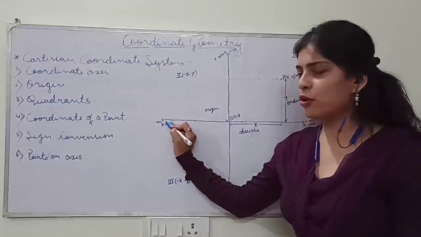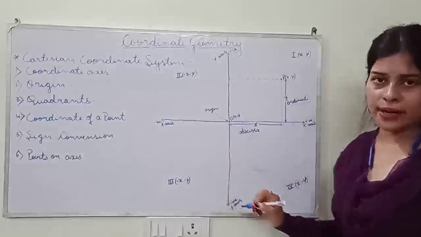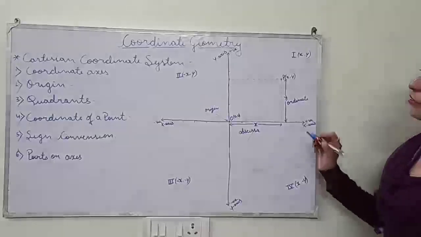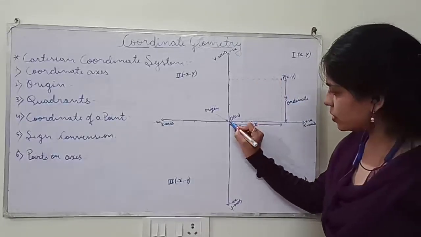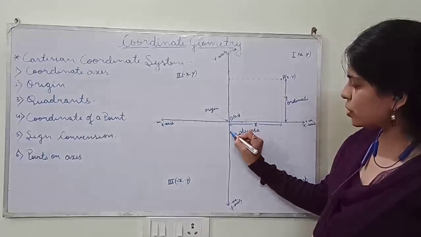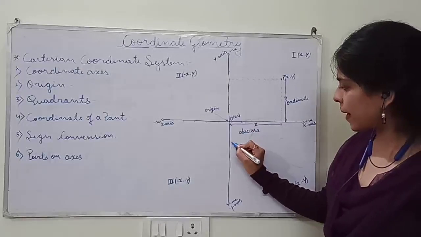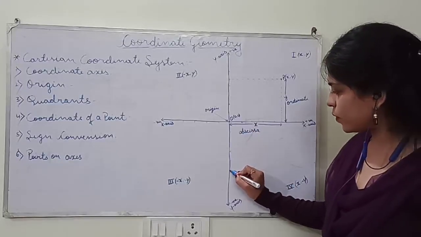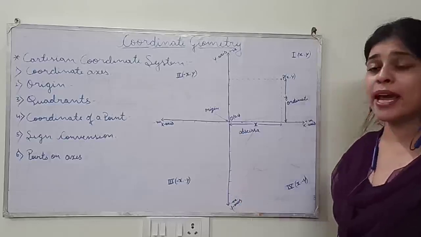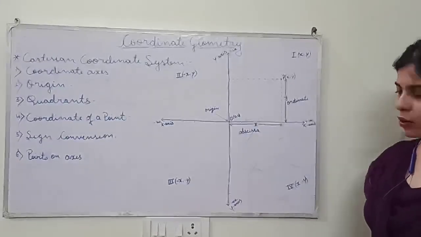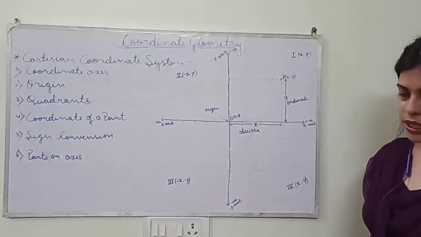Here there is an arrow, which means it is ever extended, never ending. Similarly for the y-axis, below 0 we will have -1, -2, -3, -4, -5, -6, -7 and so on, till infinity.